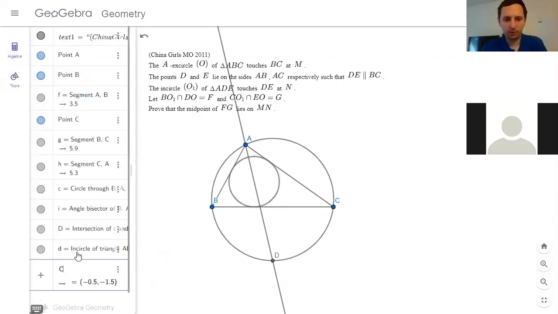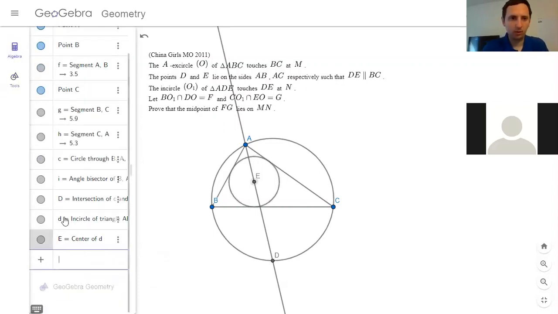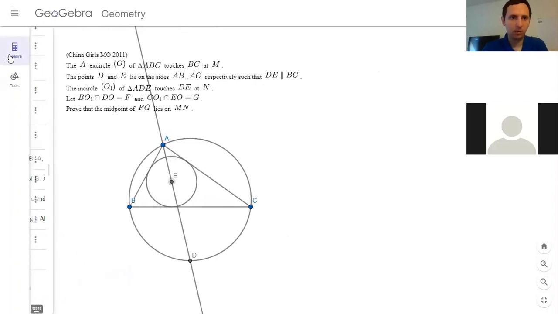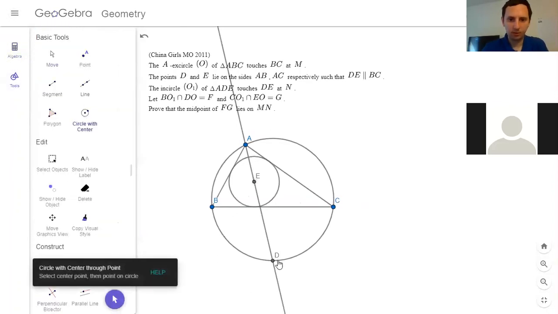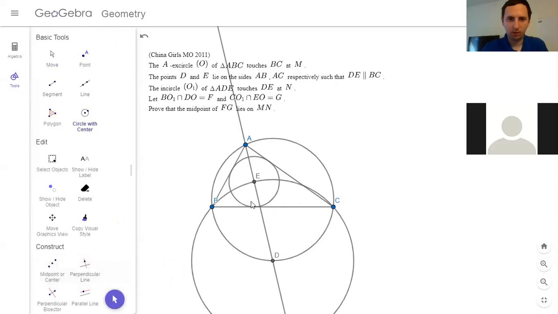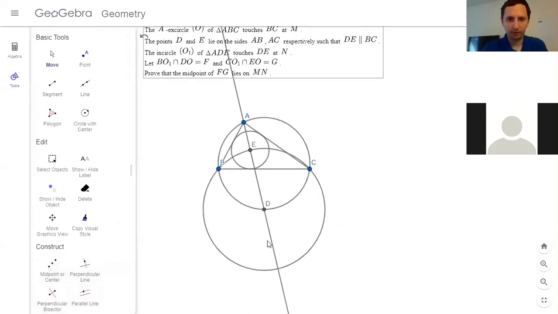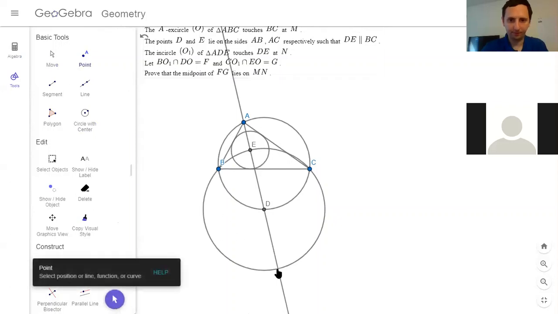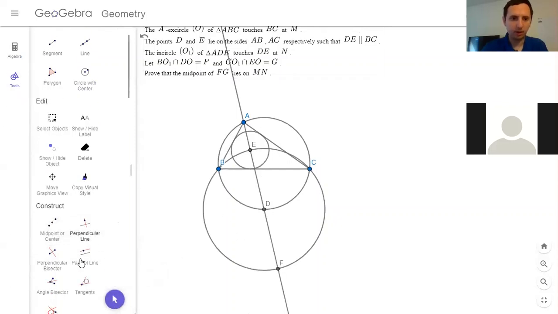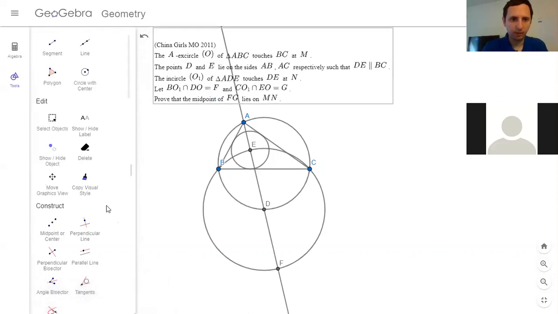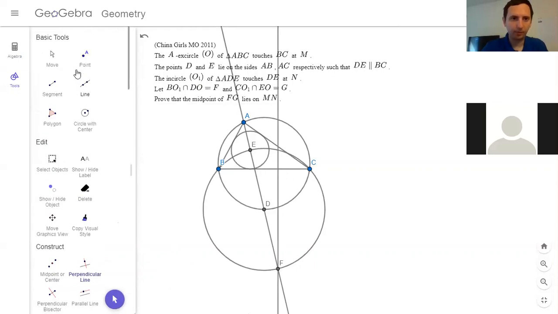Okay, so let me shrink it a little bit. So this is the X center right here. I'm gonna have to relabel some stuff, but just doing this for now.